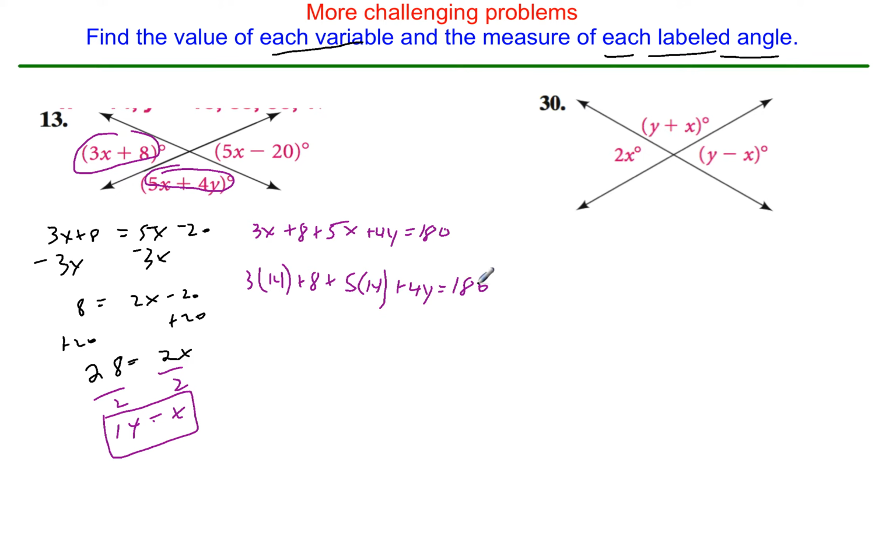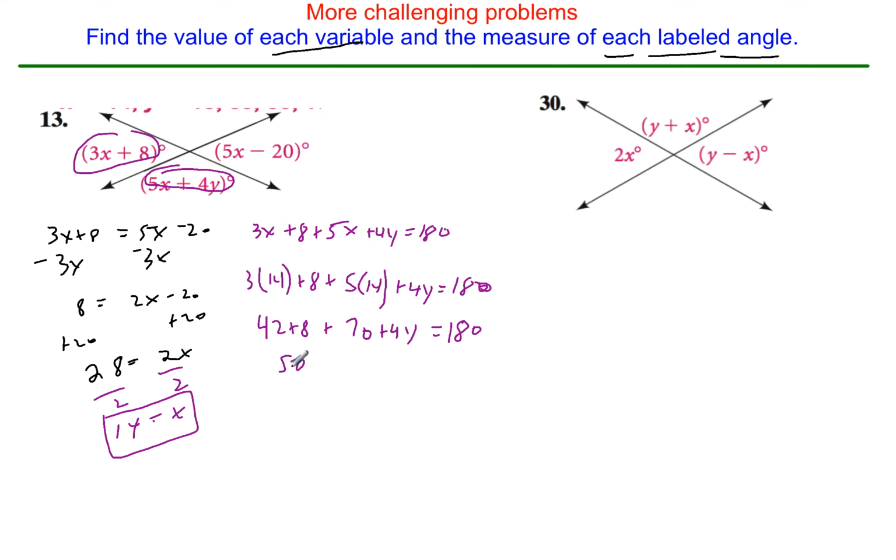So now let's do the math. So 3 times 14, which is 42. So 42 plus 8 plus 5 times 14, which is 70, plus 4y is equal to 180. So 42 plus 70 is 112, plus 8.